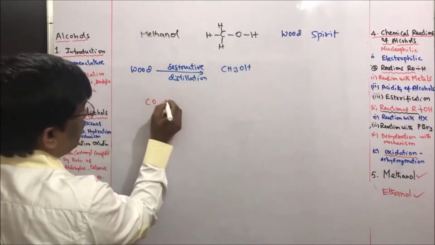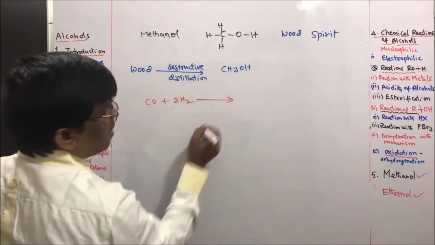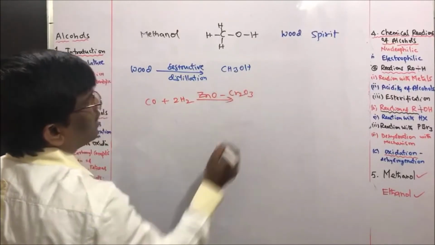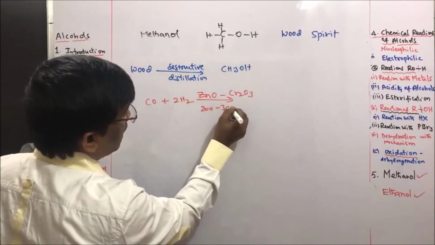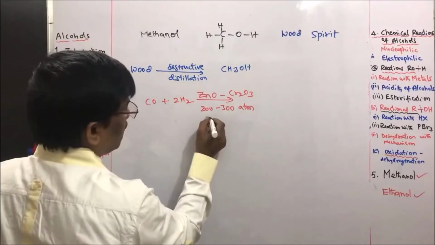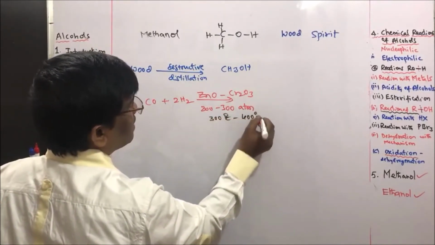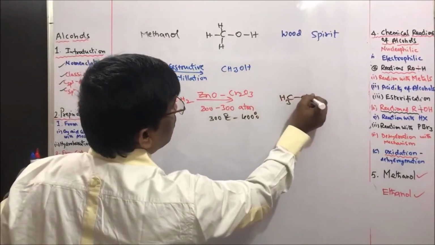However, reduction of carbon monoxide with hydrogen in the presence of zinc oxide and chromium 3 oxide at about 200 to 300 atmospheres pressure and about 300 to 400 degrees centigrade gives methanol, CH3OH.